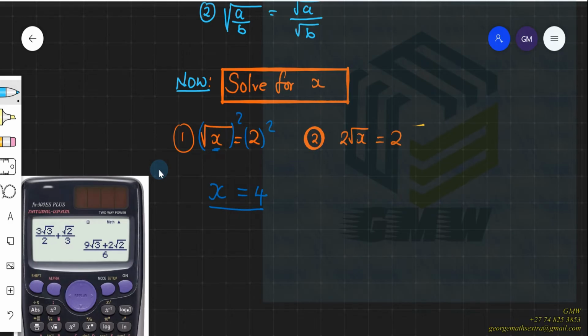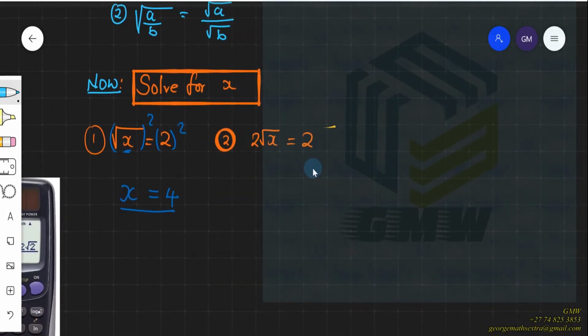I want you to notice something. For us to be able to do this, initially, we have the square root of x as the subject of formula on one side of the equal sign. So when I square both sides, I am eliminating the square root. Now, look at number 2 here.